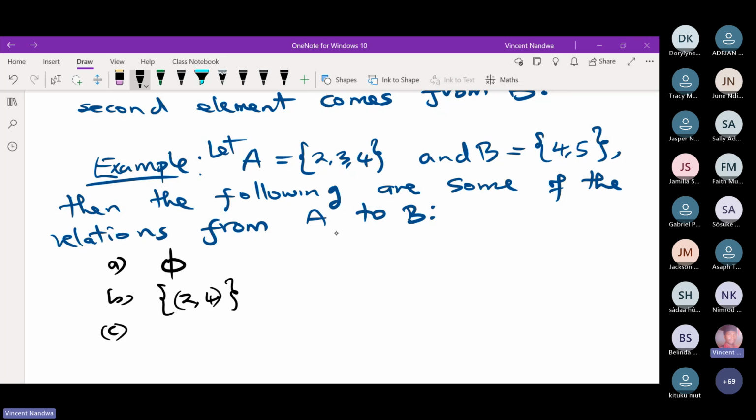We can have a relation (2, 4) and then (2, 5). I can have A cross B itself.